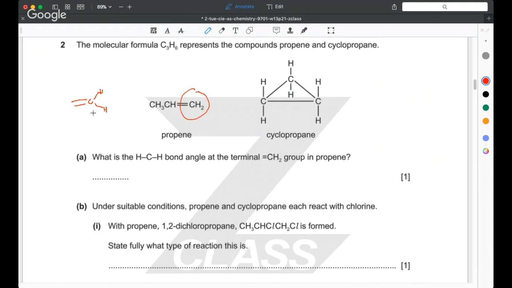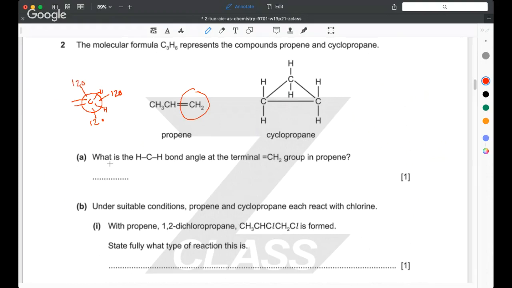Now you can see once they arrange themselves in the same plane, then that's 360 degrees, isn't it? And so the 360 degrees has been divided into three. So that bond angle there is 120, as is that 120, and as is that 120 degrees.